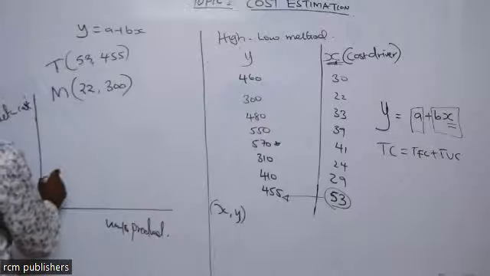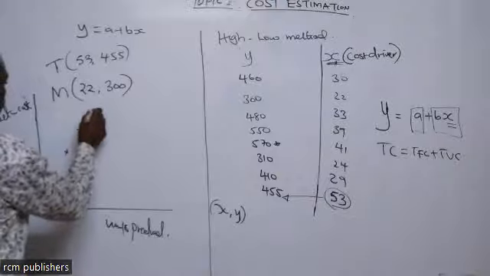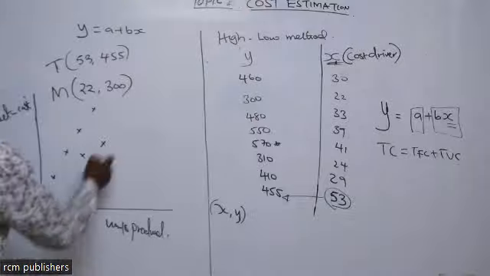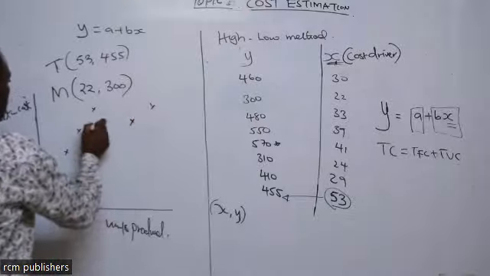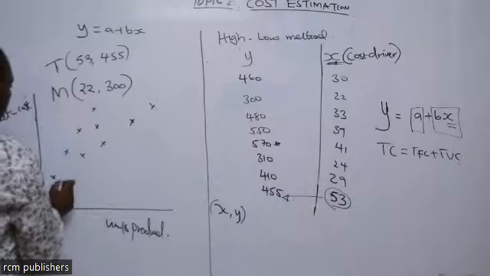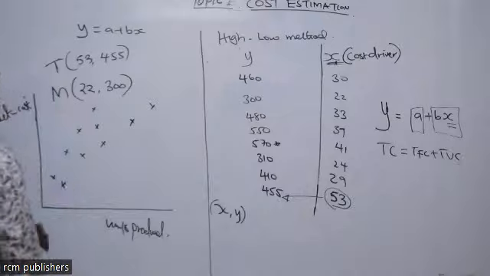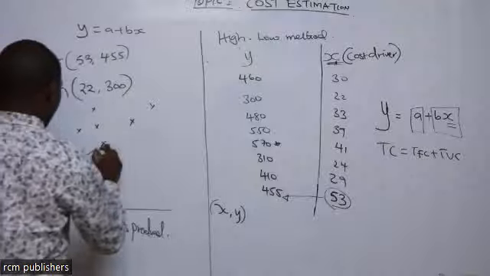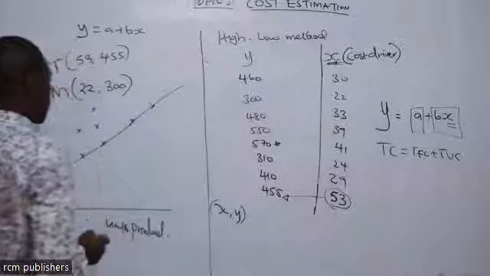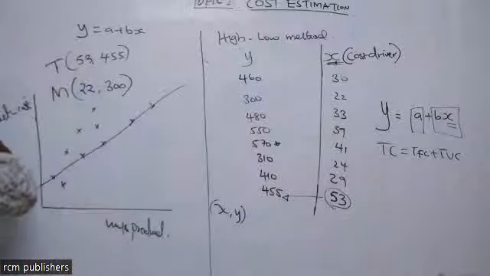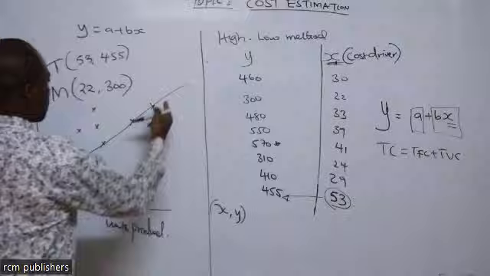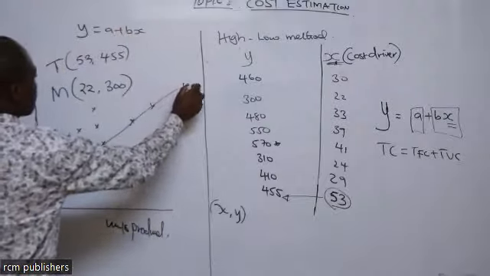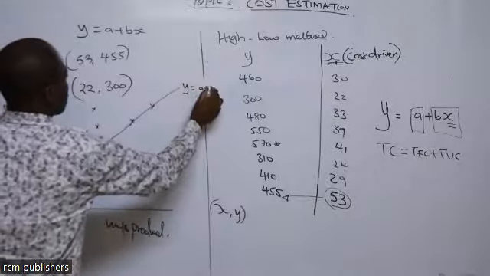You've done the plotting, and you want to look for the line of best fit. Then you say this one here appears to be the line of best fit. So the total production cost against units produced is this one here. That is the line, which is y equals a plus bx.